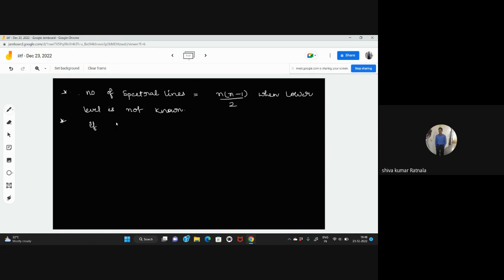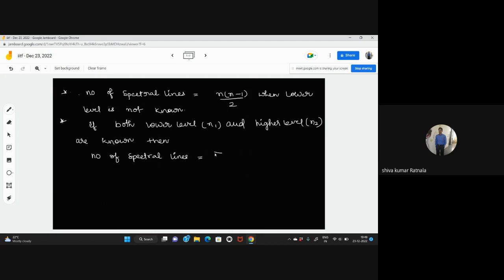If both lower level, that is n1, and higher level are known, then the number of spectral lines is equal to summation of n2 minus n1.